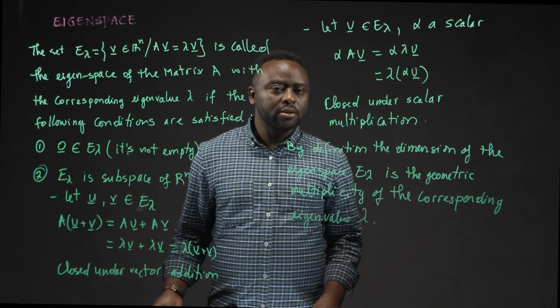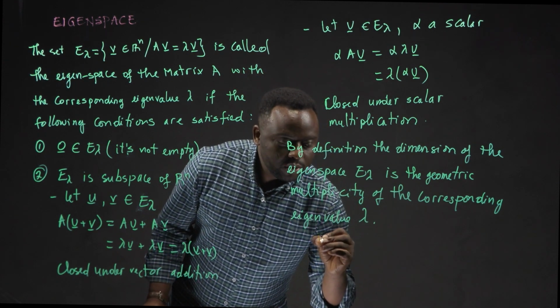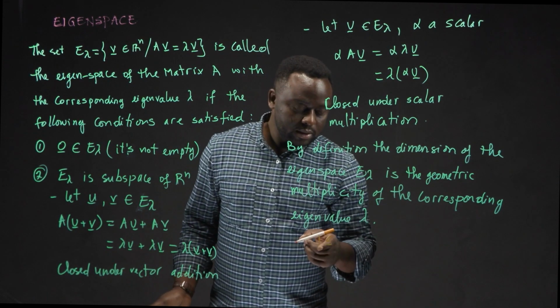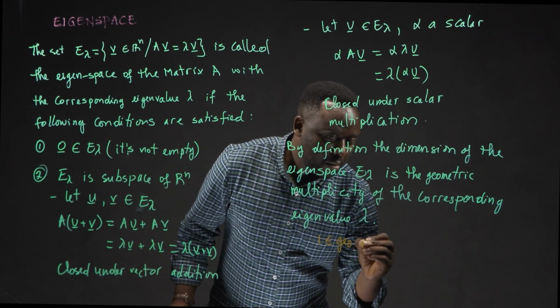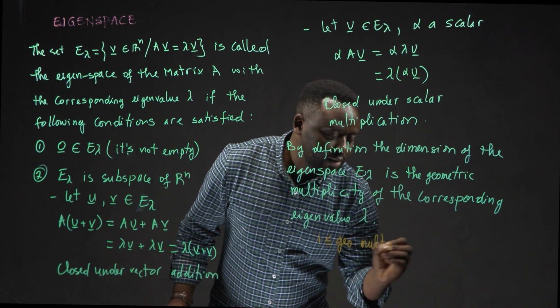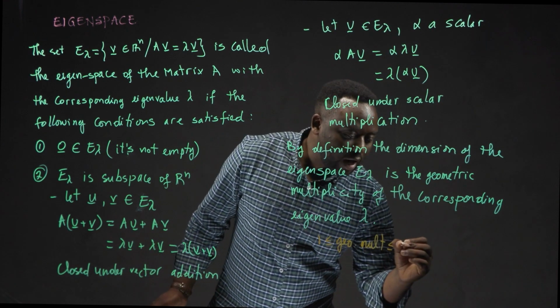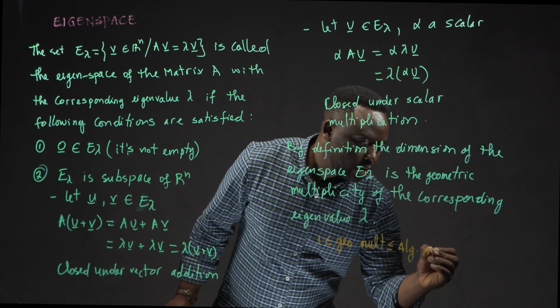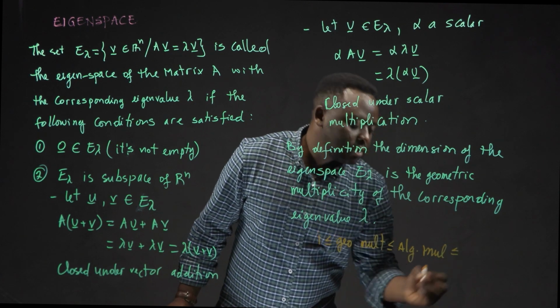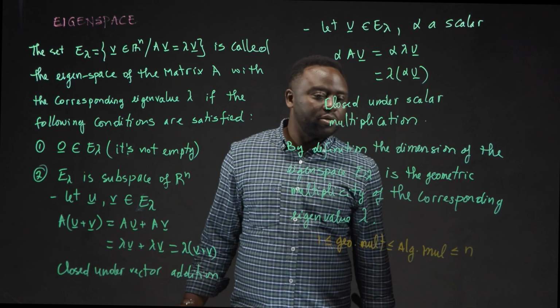What does it mean? It means that the geometric multiplicity is always greater or equal to 1. And this is also less or equal to the algebraic multiplicity, and this is less or equal to the dimension of the matrix.